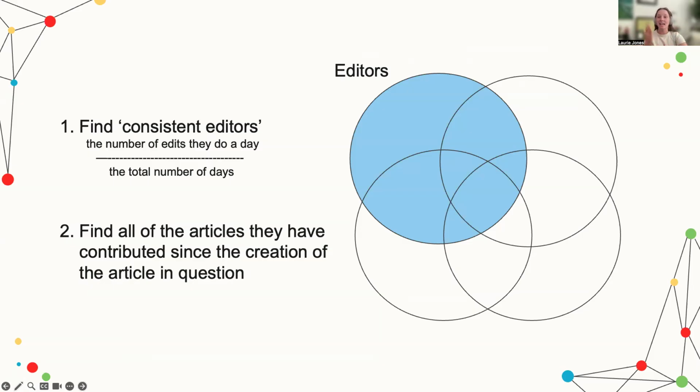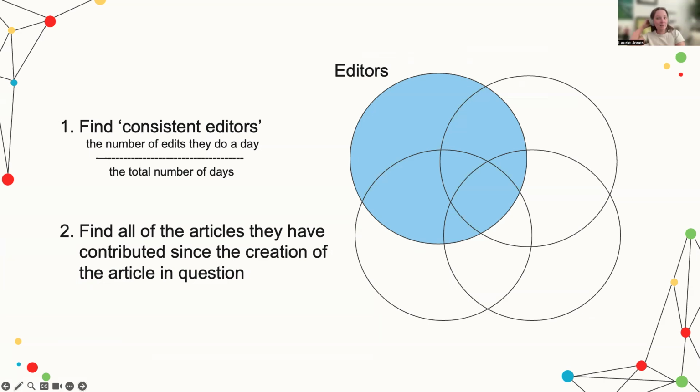These are editors that came back and continued to edit, as opposed to the extreme of that, which is like a bot, versus people that came in and maybe made a one-time edit, just to simplify down for data processing reasons. Obviously, if you have a supercomputer, please look at all of the editors, but I had to do this.